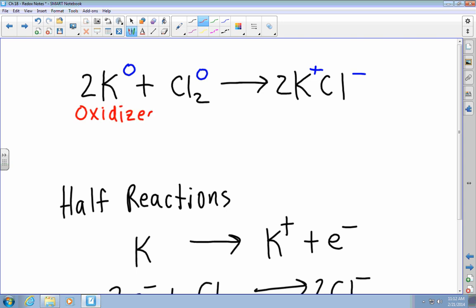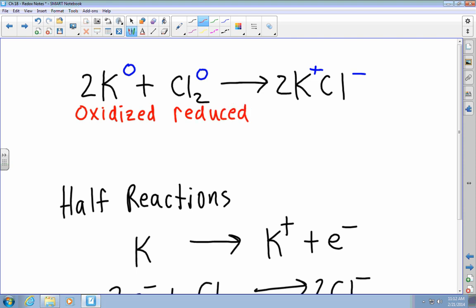So if the charge is going up, it's oxidized. So up is oxidized. And that must mean the chlorine is being reduced. If you identify the one that's oxidized, the other one's got to be reduced. And just checking, if the charge goes down, reduced is reduced. So chlorine is being reduced.